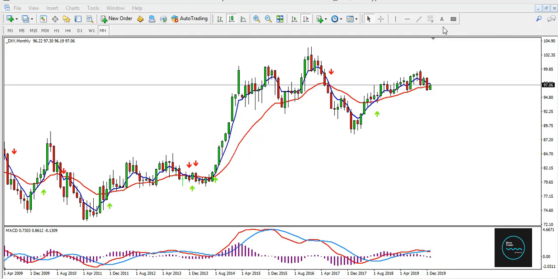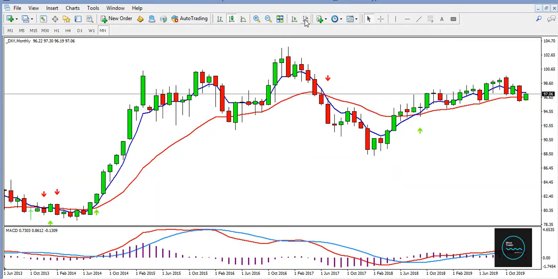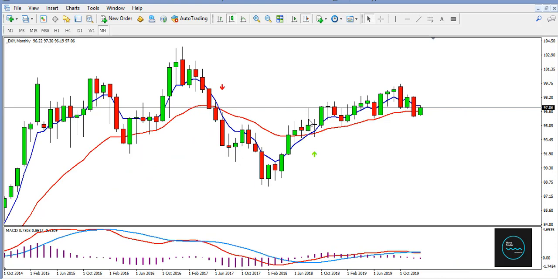Okay, all right. Now this is the monthly chart on the dollar index, and this is where we are right now. Hope you can see this. I'm just going to enlarge that. So now we can look at this chart and decide what it is telling us by determining where it will go.